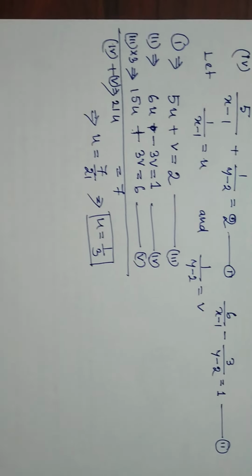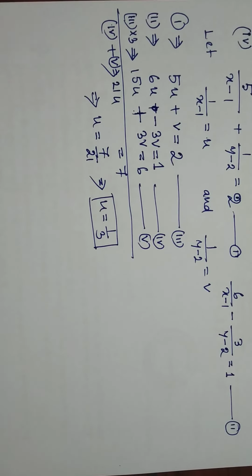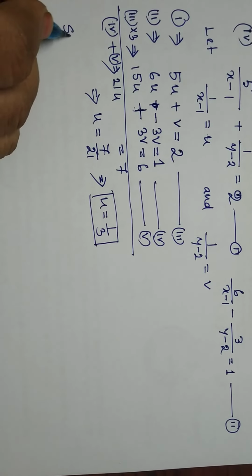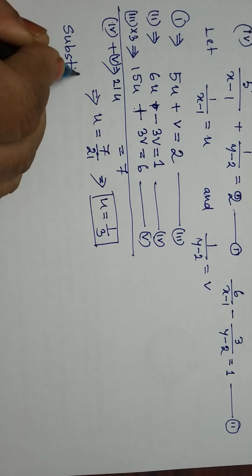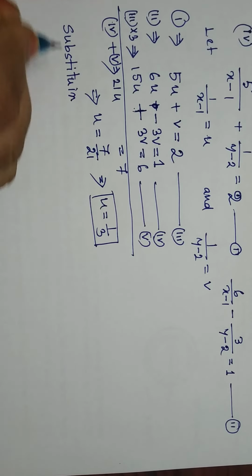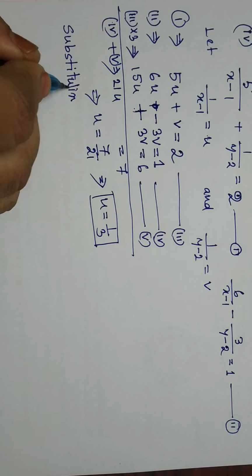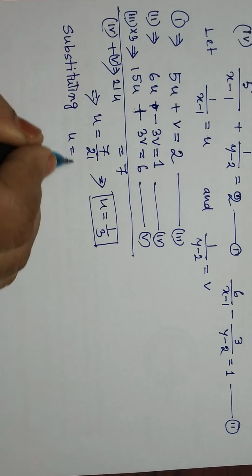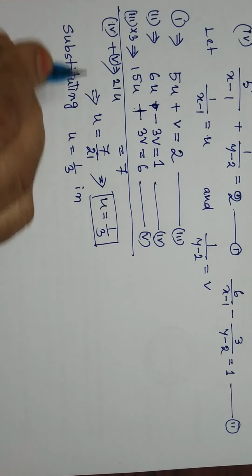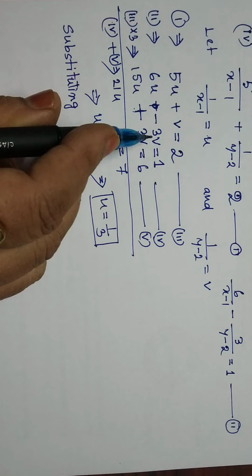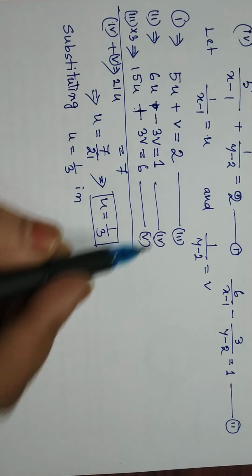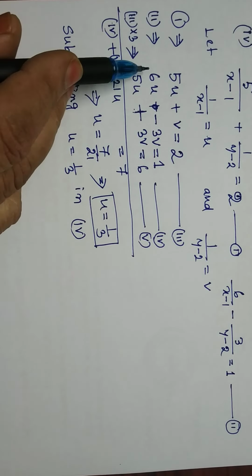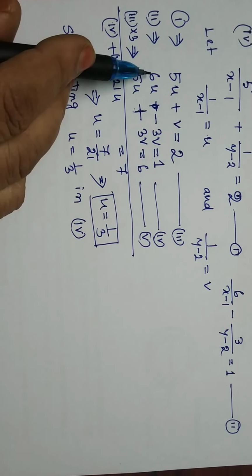Now to find the value of v, we substitute u equal to 1 by 3 in, suppose, equation number 4. Why do we put the value of u equal to 1 by 3 here? Because of this 6, we can easily simplify.